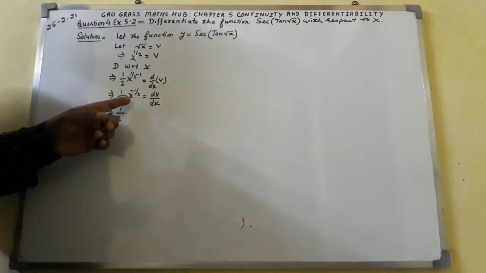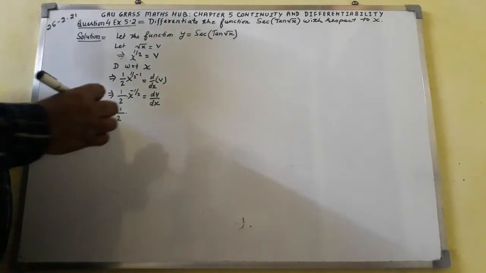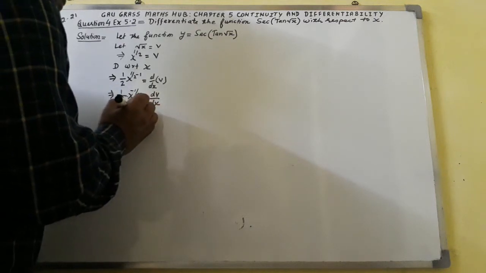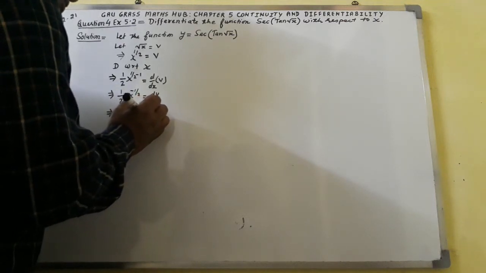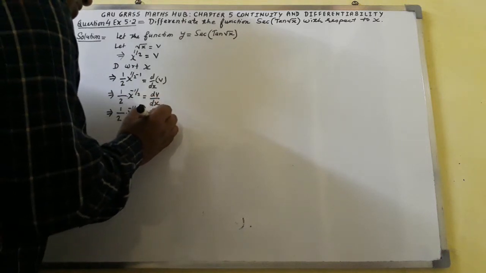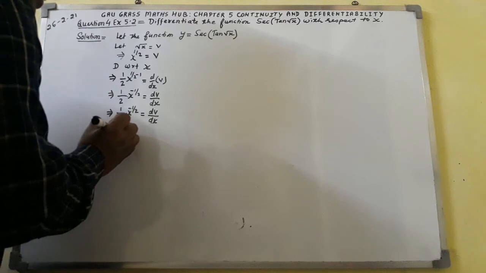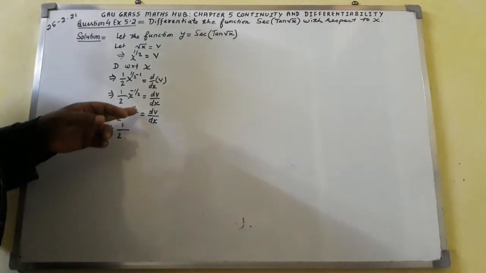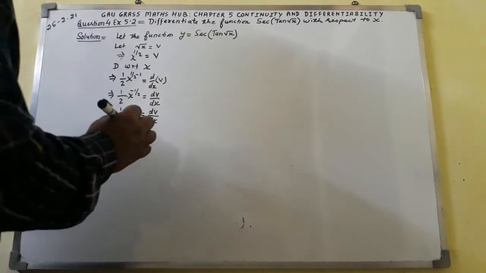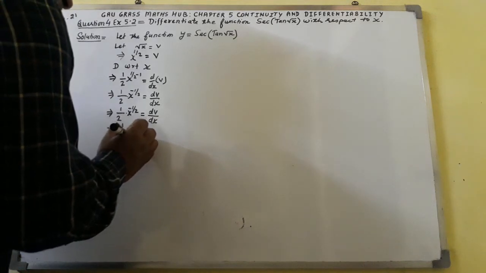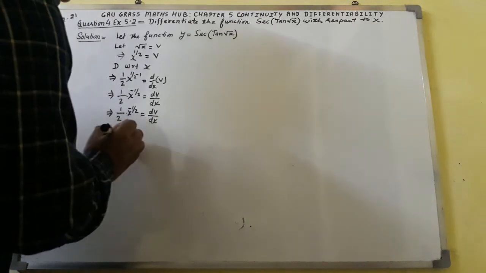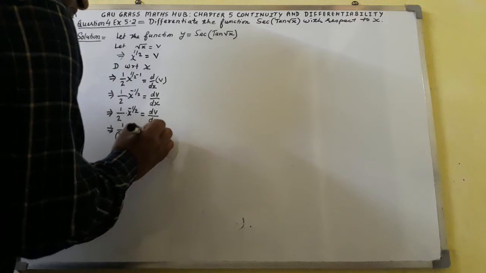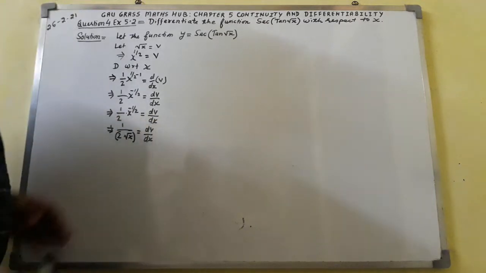This x raised to power minus 1/2 can be written as 1 over √x. So dv/dx equals 1 over 2√x. This thing you have got.